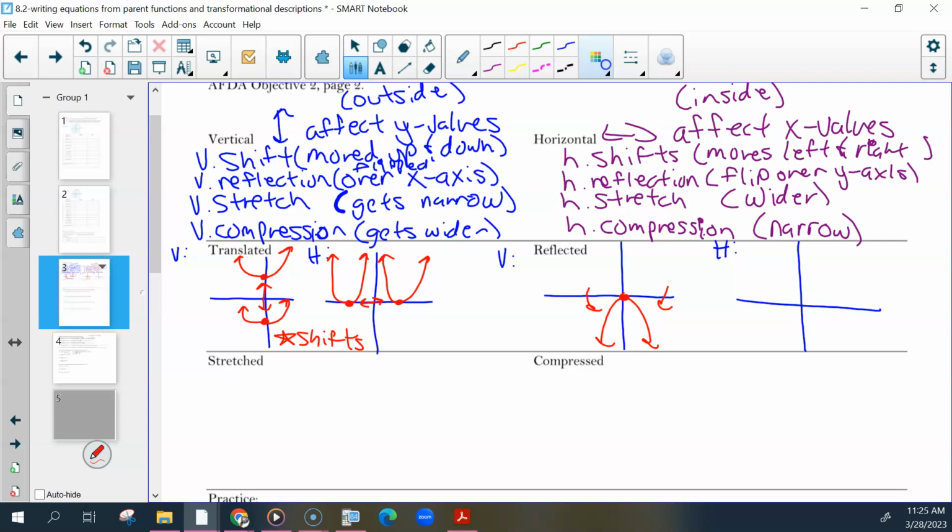The horizontal reflection, unless it's been moved, like horizontally shifted or translated, it's going to look the same, but it's flipping around the y-axis.